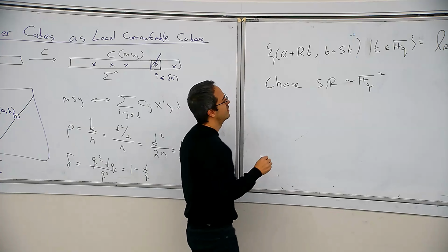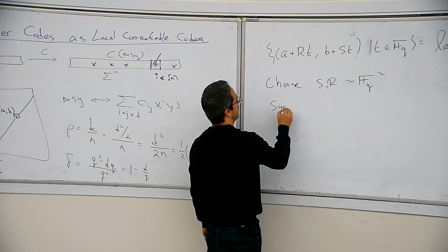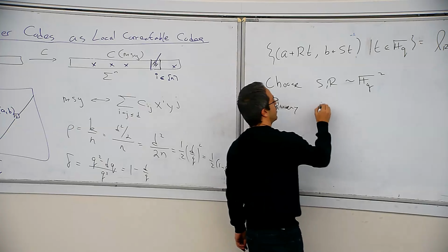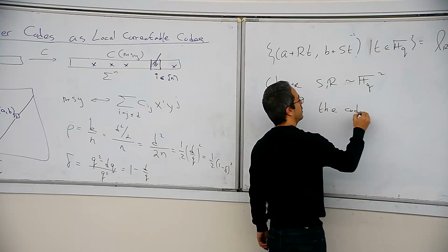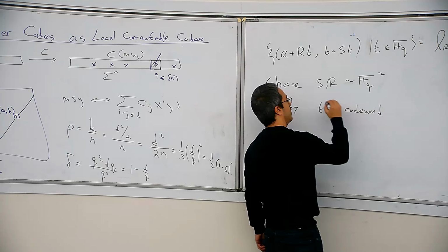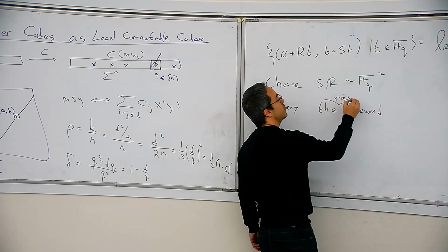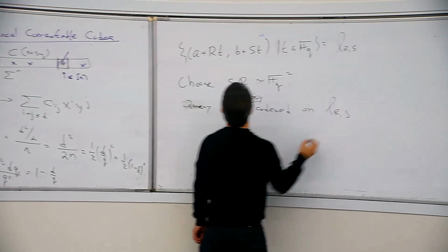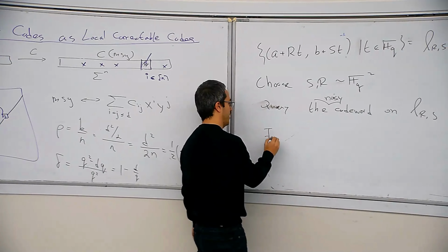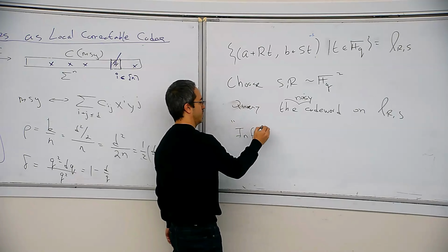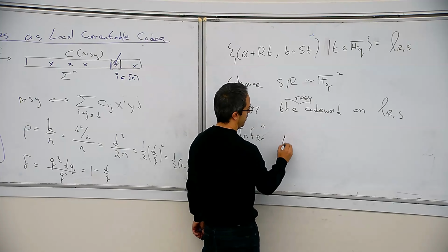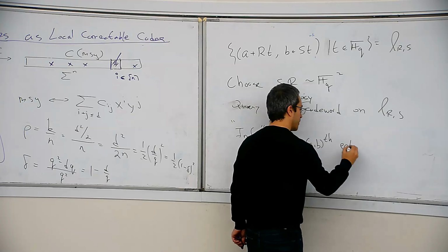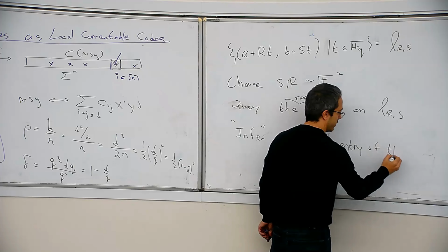I don't care much. And the query: we query the codeword, the noisy codeword, on this line, and decode on this line, and infer the value. I'll say exactly how.